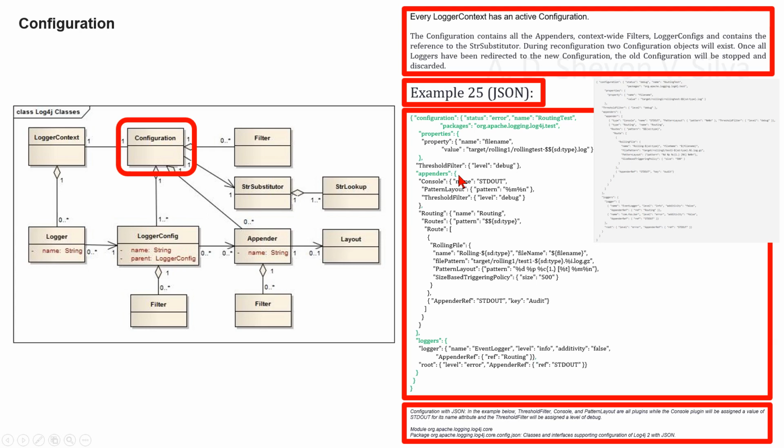In this example, the threshold filter, console, and the pattern layout are all plugins, while the console plugin will be assigned the value stdout for its name attribute, and the threshold filter will be assigned a level of debug.